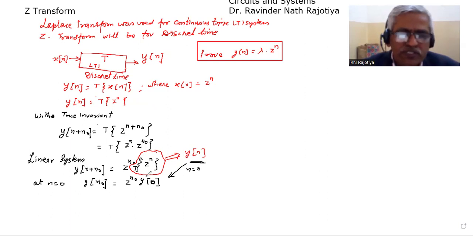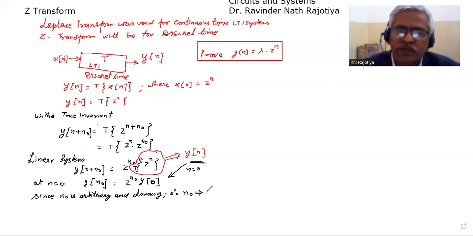Now, what do you see? Since this n0 is arbitrary and dummy, I can replace n0 with n itself.